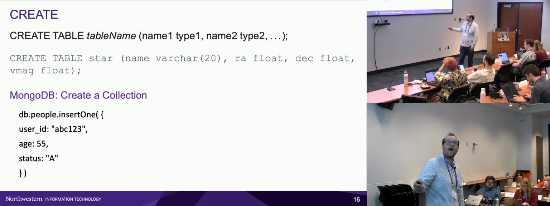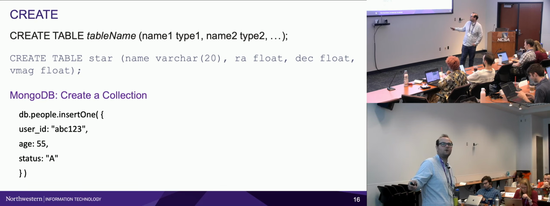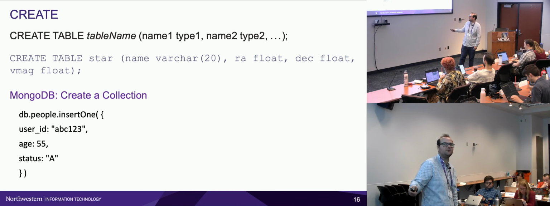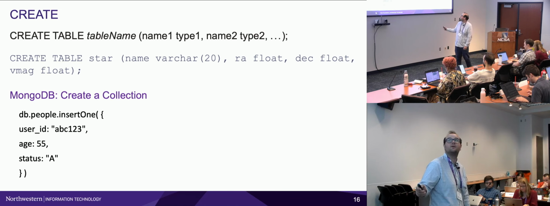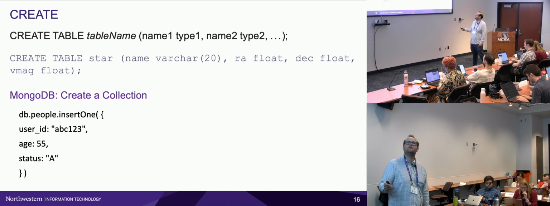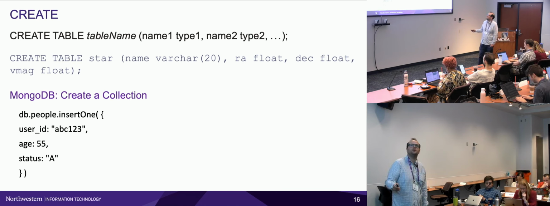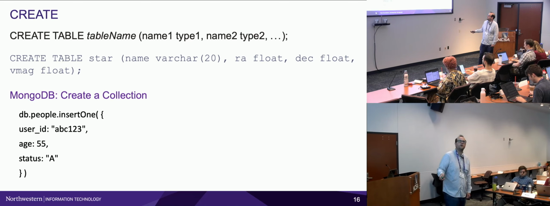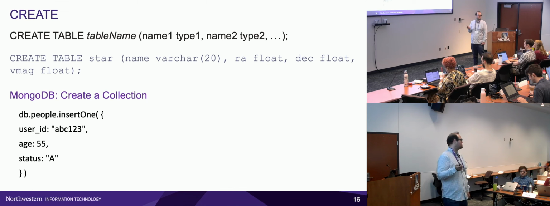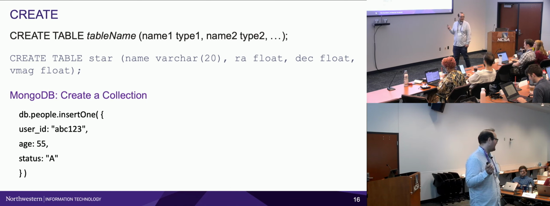And then the values that go in take the values of ABC 1 through 3, 55, and A. So in terms of the complexity of making and inserting a brand new row into a MongoDB database versus creating a table and inserting rows into an SQL table, which one of these would you describe as more or less complicated?